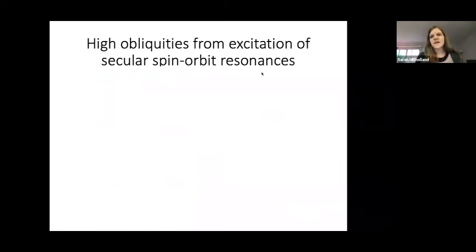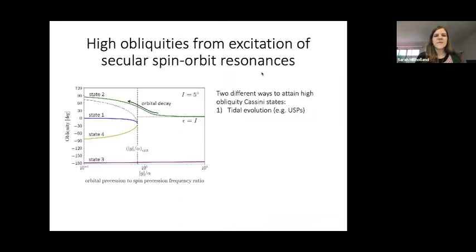The key idea here is in realizing that these high obliquity Cassini states can be generated in two different ways. The first was this tidal evolution where orbital decay generates this large obliquity over time, as I was showing in the first half of the talk.